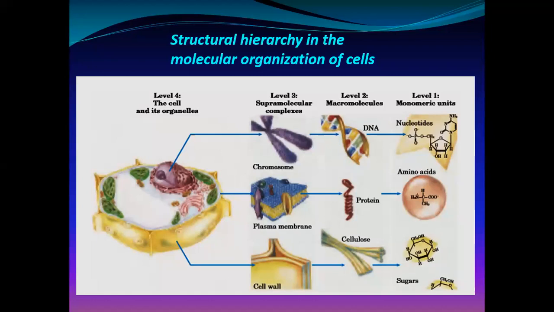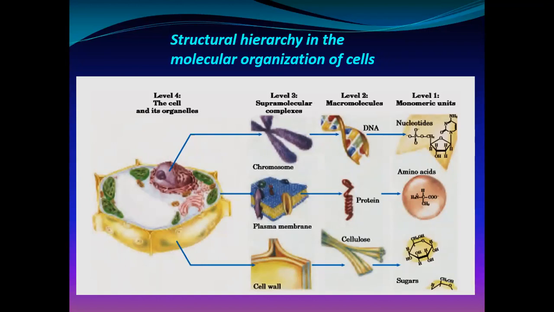But the DNA is located inside the nucleus as the chromosome. The chromosome we call a supramolecular complex. Why do we call it a supramolecular complex? To accommodate it in a small structure like the nucleus, a process called condensation takes place.